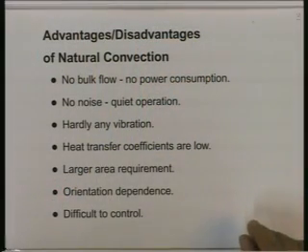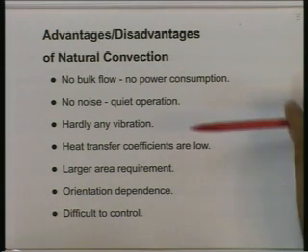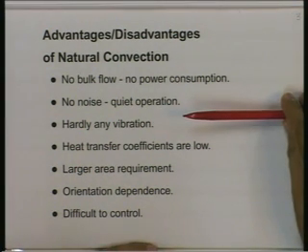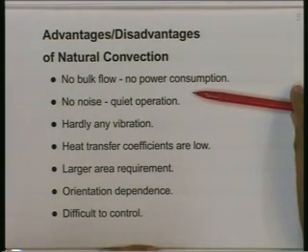Let us look at the advantages and disadvantages of natural convection as a heat transfer process. First, there is no bulk flow in natural convection. So we don't have to consume any power to drive a pump or rotate a compressor or a blower. Perhaps because there is no power consumption required, natural convection may perhaps be called free convection.